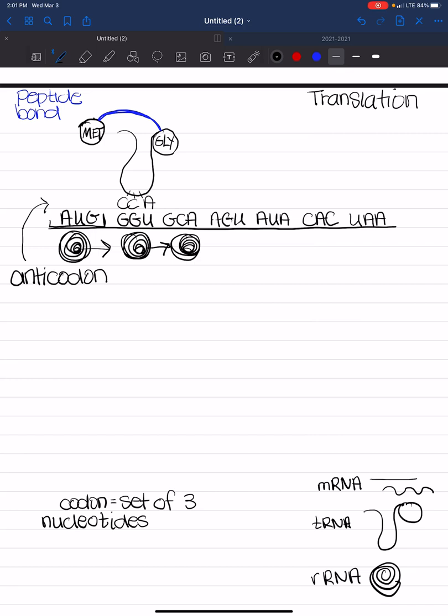The next transfer RNA comes in, and I made that one a little too big. And so the anticodon, and I messed up there, not enough space. Make this smaller. The next anticodon comes in, and it's going to be CGU.